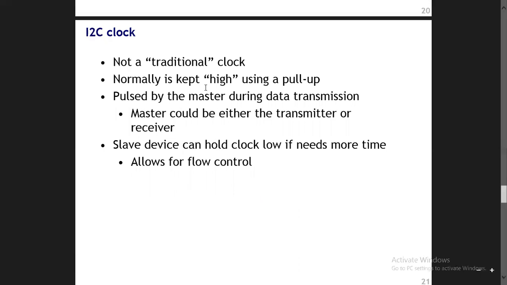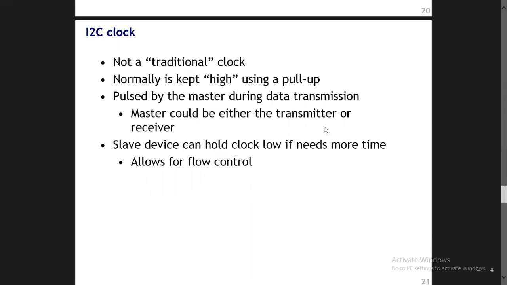Normally it is kept high using a pull-up, because as I told you before, we place pull-up resistors on both lines, so usually they are in the high state. Then it is pulsed by the master during data transmission.